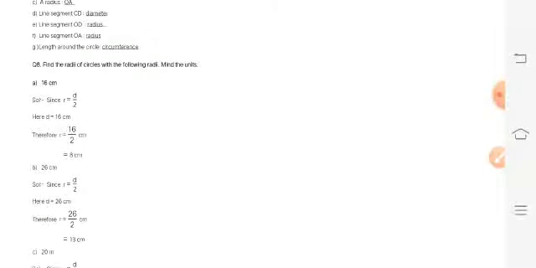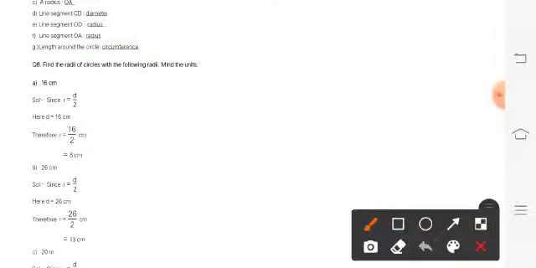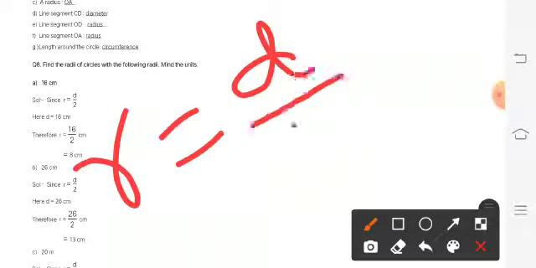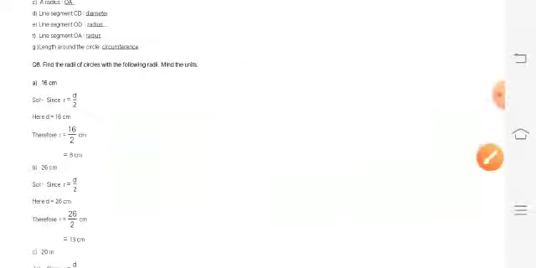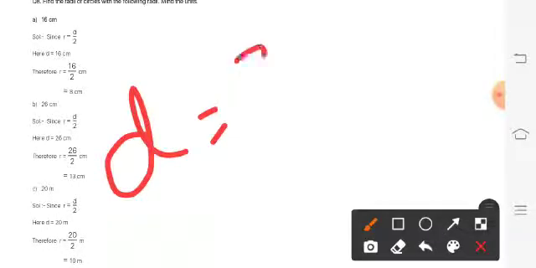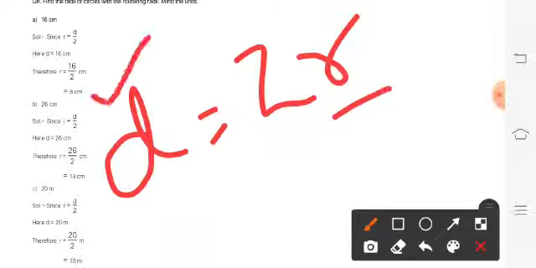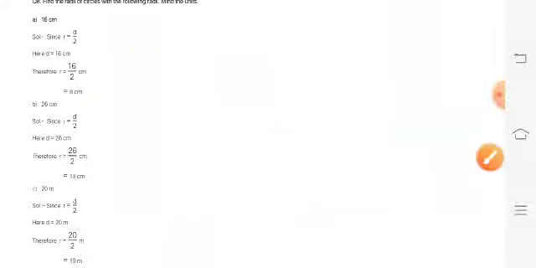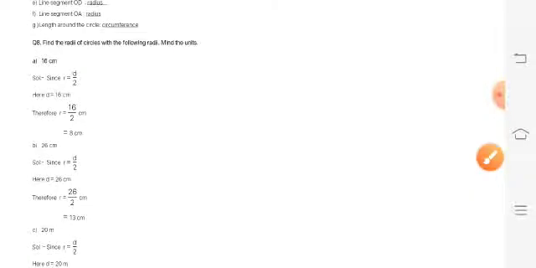Before moving to questions 8 and 9, let me recapitulate the relation between radius and diameter. As all of you know, radius is half of diameter, or in other words, diameter is twice the radius. Whenever you are given the radius, you can find the diameter, and if you are given the diameter, you can find the radius. Either you have to multiply or divide, depending on which one is to be found.